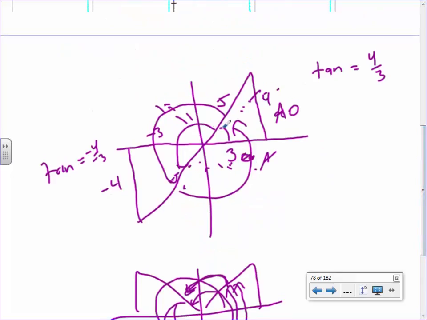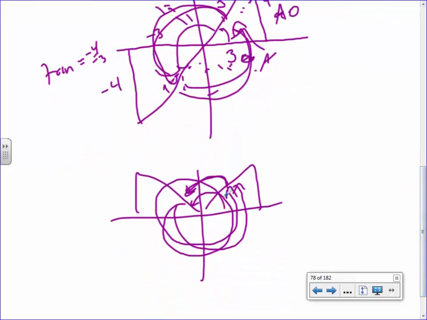Tan, from here to here, is the same distance as from here back to here. It's always the same that way to that way. Sine and cosine don't have the same sort of issue. From here to here is not the same distance as the rest of the way around the circle. So sine and cosine, long story short, period of 2 pi, tan period of pi.